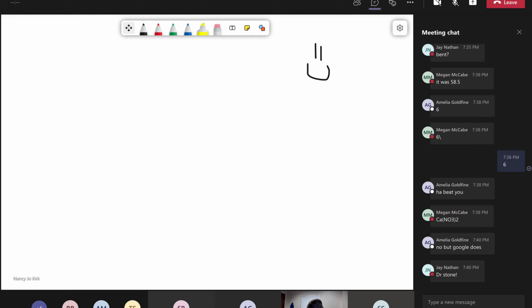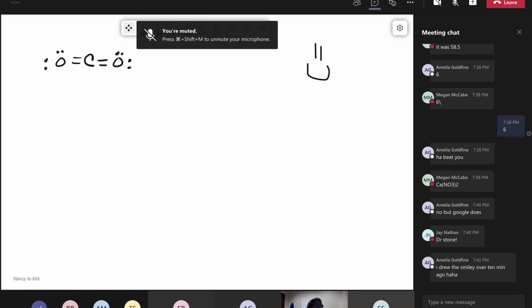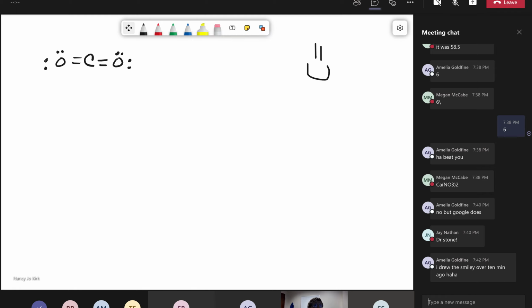Okay, so we have CO2. We've been saying that CO2 is linear. Okay, so remember for dipole moment, it must be unsymmetrical. So is the CO bond polar or nonpolar?